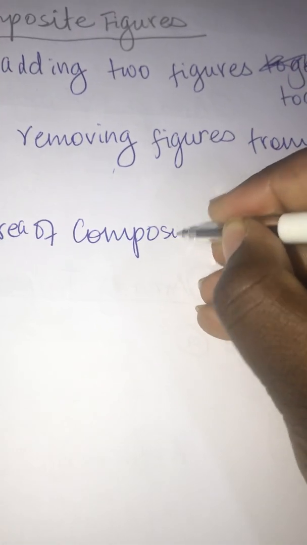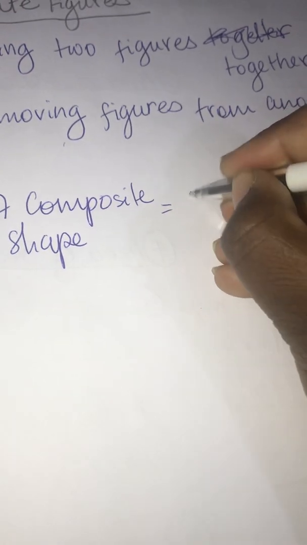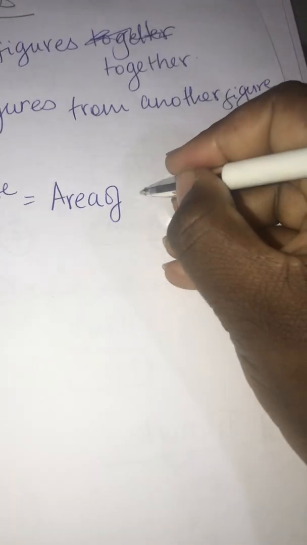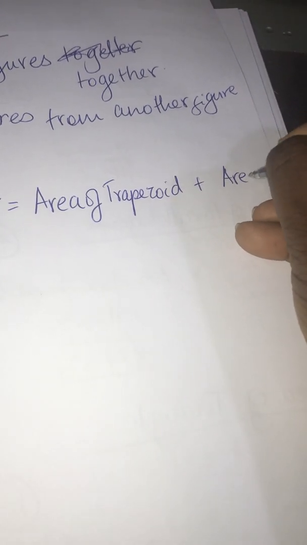So I'm going to do it over here. I'm going to say area of composite shape equals area of trapezoid plus area of rectangle.